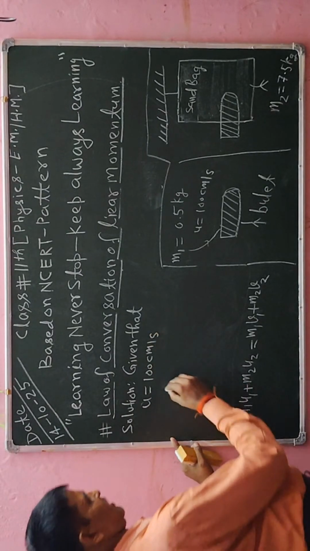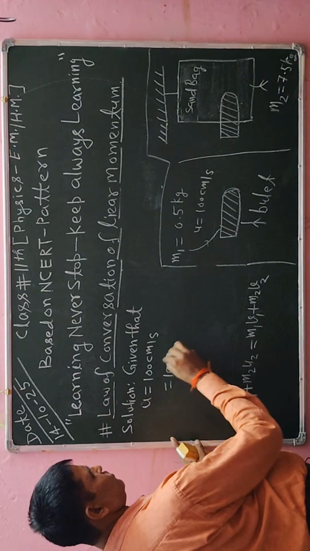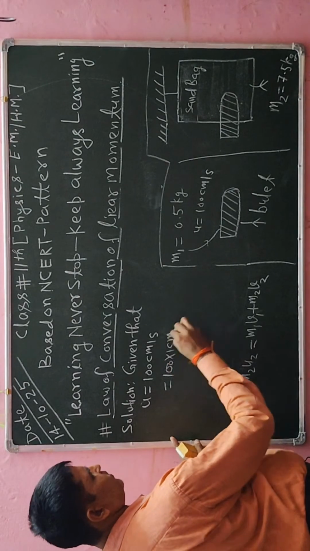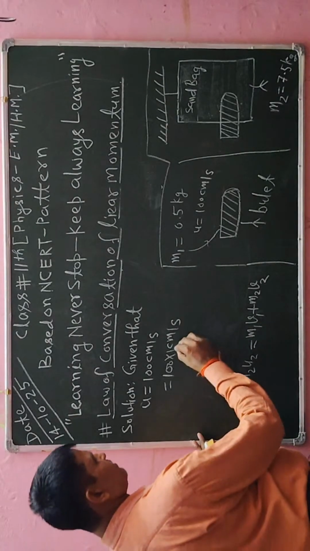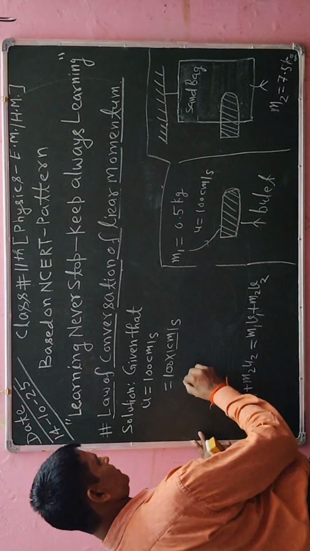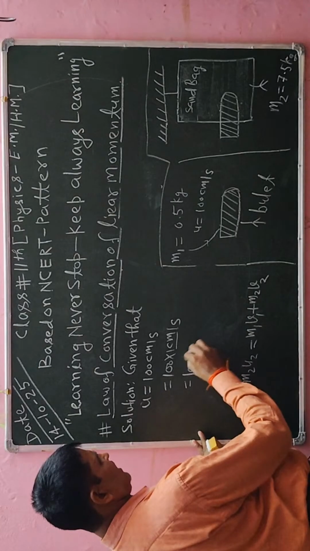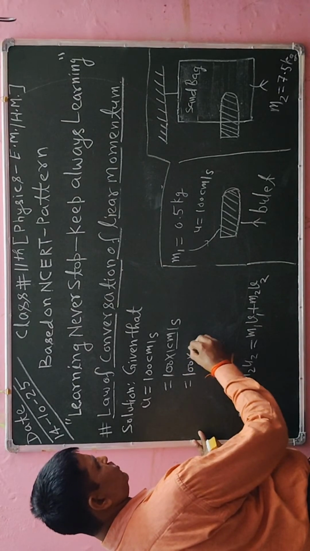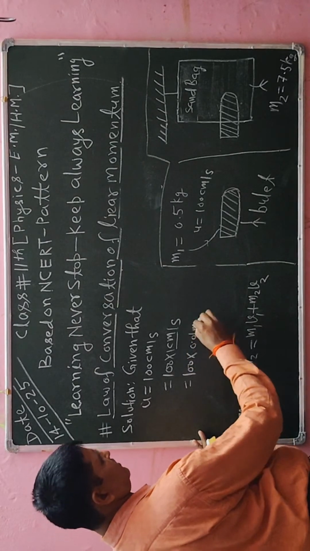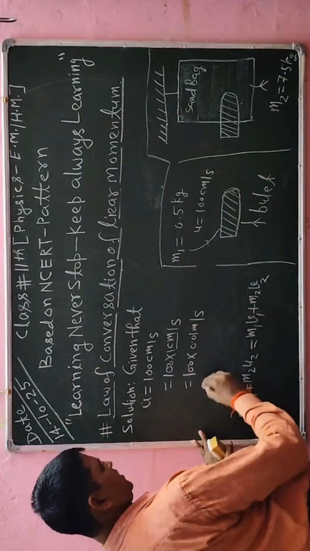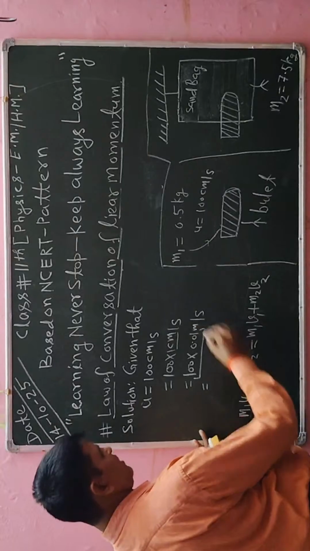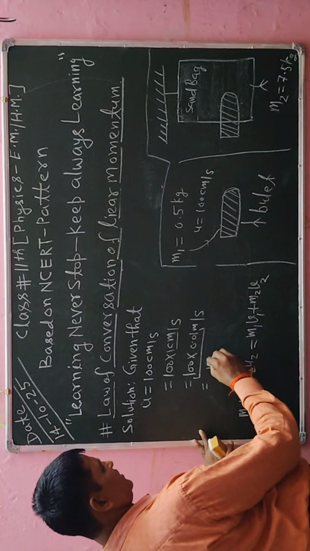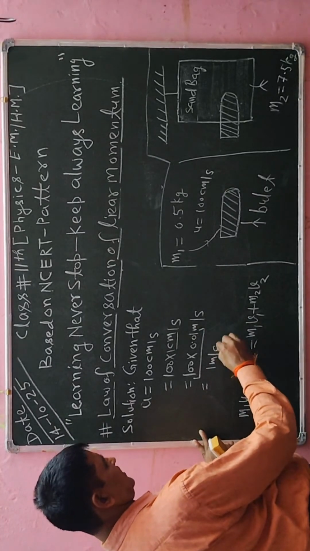Now here I can write 100 into 1 centimeter per second. In the place of 1 centimeter I can write 0.01 meter per second. So when I multiply these values, after multiplication I will get 1 meter per second.